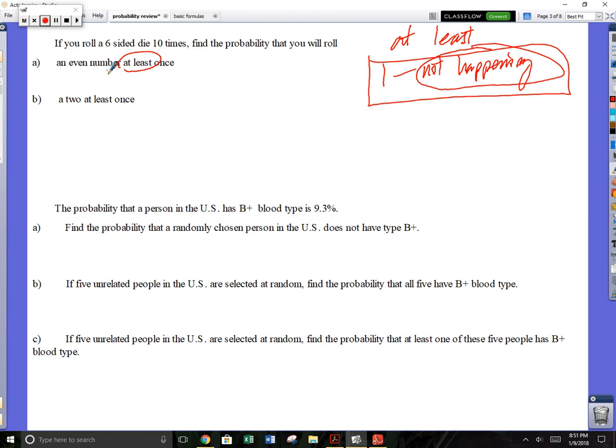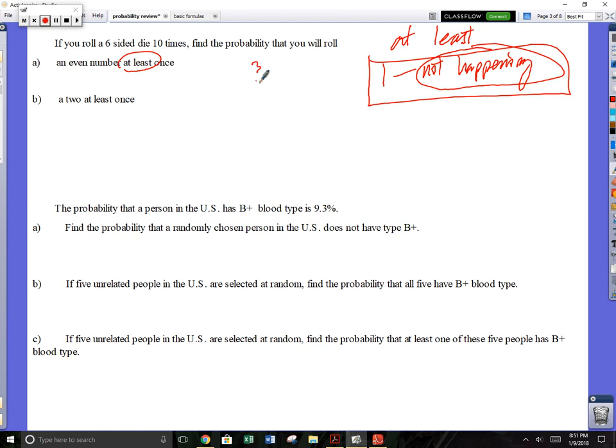So let's focus on the dice. It's 50-50. It's either even or it's odd. So this one's kind of a little different. The chance of it happening is 3 out of 6, and the chance of it not happening is also 3 out of 6. So the chance of rolling an odd, we're going to go with not happening.